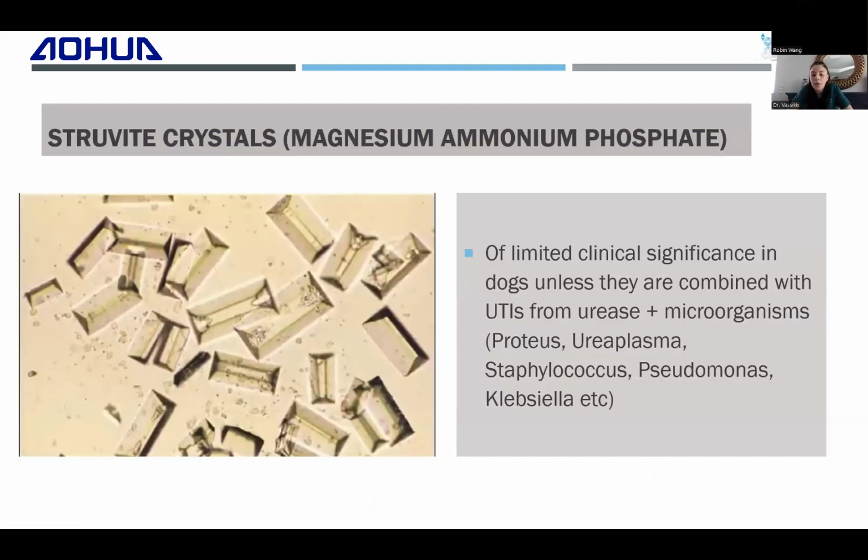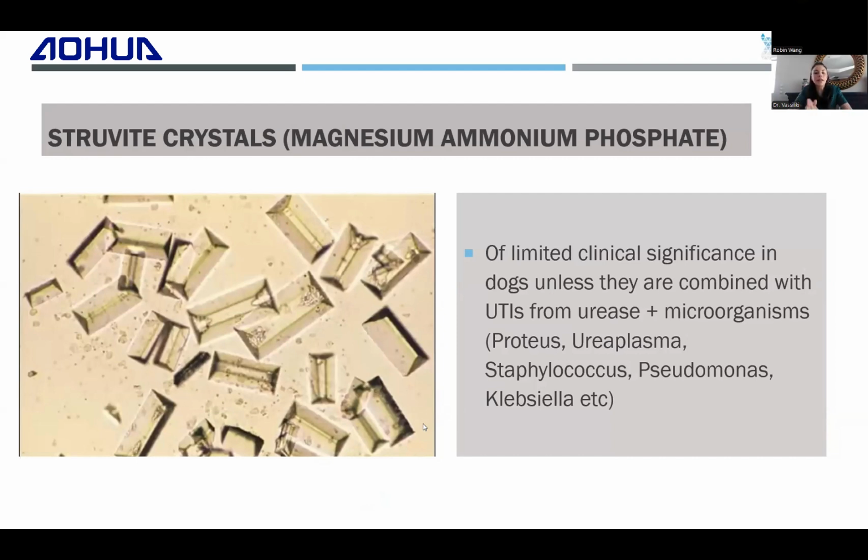And let's go to each and every one of the crystals. What about struvite crystals? Struvite is of limited clinical significance, and I will definitely say that multiple times, because I know that you're seeing dogs, having a urinalysis, and then putting dogs on clinical diets like urinary or SD or whatever, only based on the fact that you had crystalluria without any UTI.